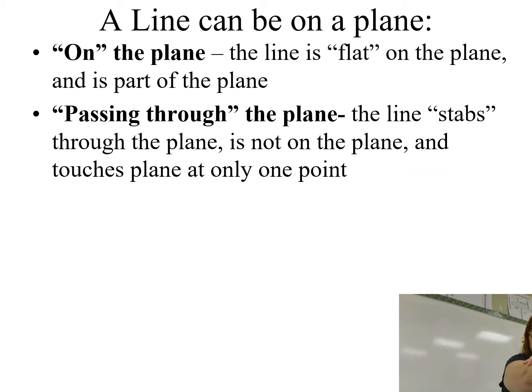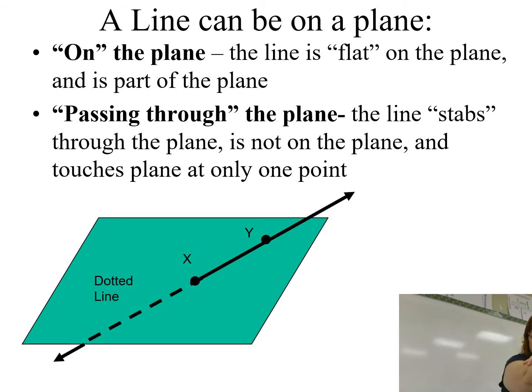The variation of this is when something is passing through. So passing through is going to be drawn like this, but what it means, let me get out my little demo here. What it means is that you have your plane, big flat plane here, it's red, alright, remember it keeps on going.